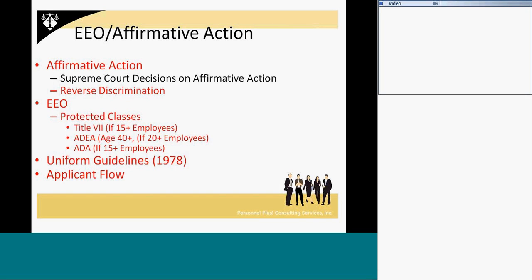So you could have had, for example, a tiebreaker, but you can't have anything that functions as an absolute quota. We also had a case called Kaiser v. Steelworkers and a couple of others, but ultimately what the rule comes down to is, in order to justify affirmative action, you have to have actual evidence of past discrimination.